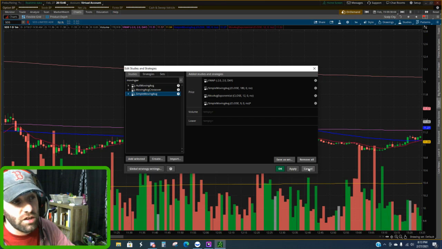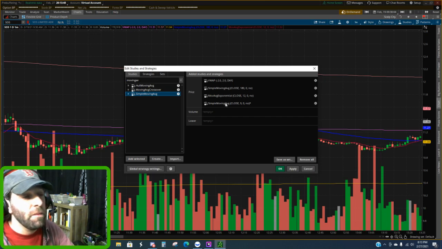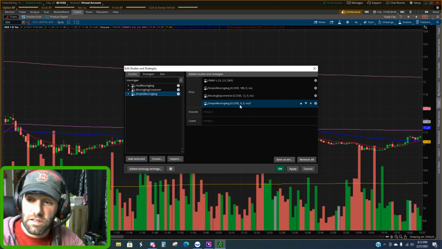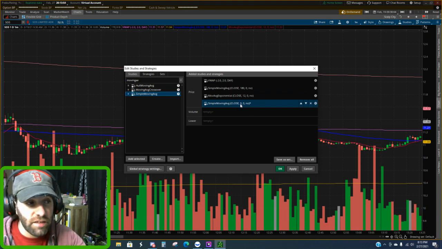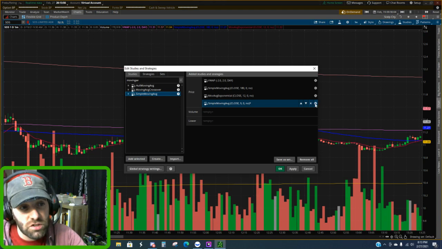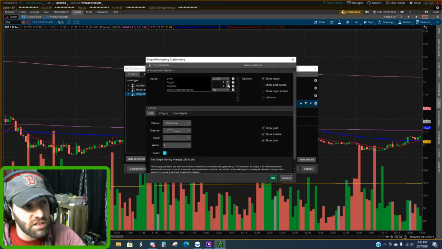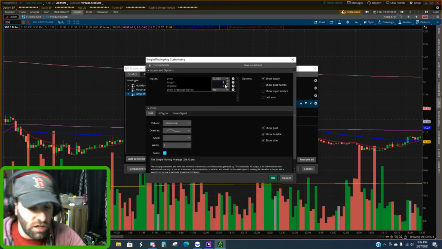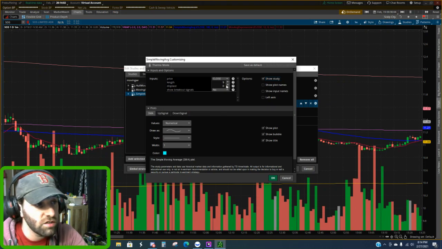But I don't want to put up a new one. So now how you reset that is, because it's automatically defaulted to 9 for a simple, you go over here to the settings, and you change it to 180. You could type it in or move it up.